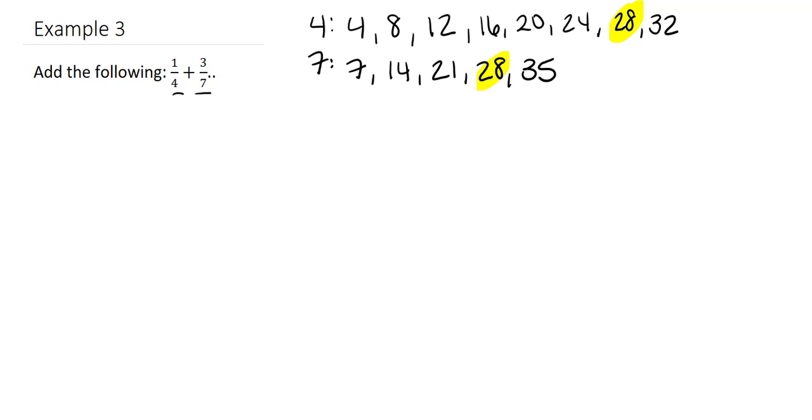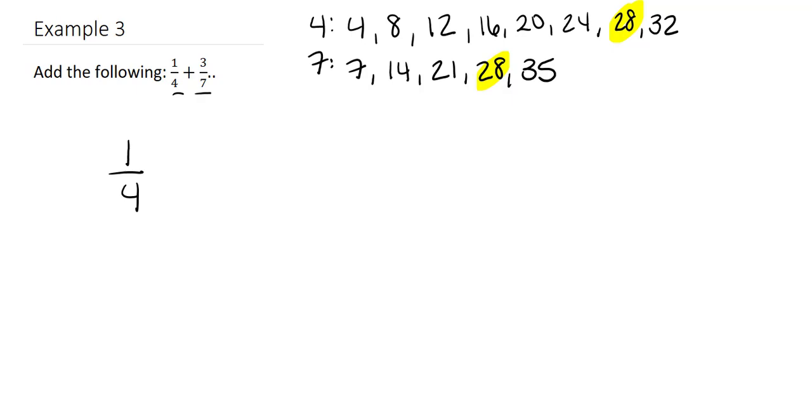So we can go ahead and look at this and go 1/4. We're going to need to multiply both numbers by different fractions to get to a common denominator of 28. So this first one, we need to get to 28. How many times does it take to get to 28?